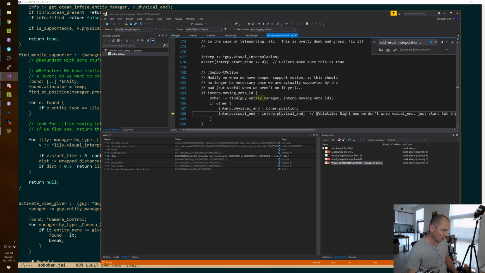Now, when I factored that isSupported function, I didn't call isMobileSupporter. I called something else that is probably more consistent anyway, and that would return true for other kinds of things that you can ride on that take up volume, like other people or rovers, which are the little robots that move around.